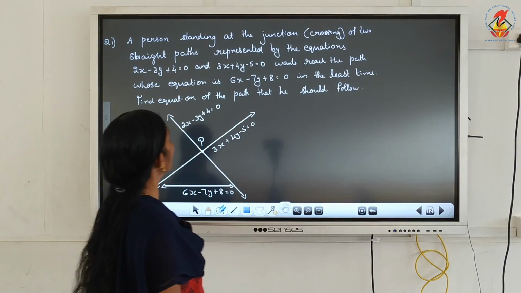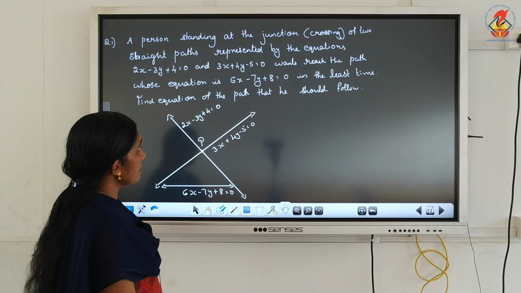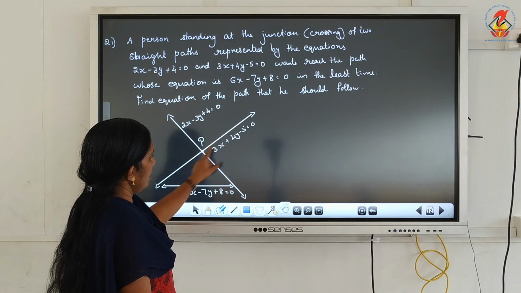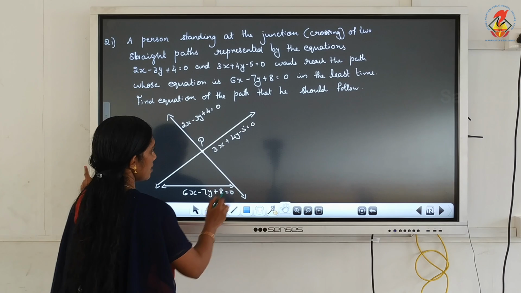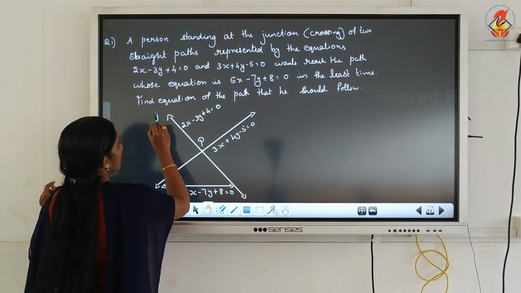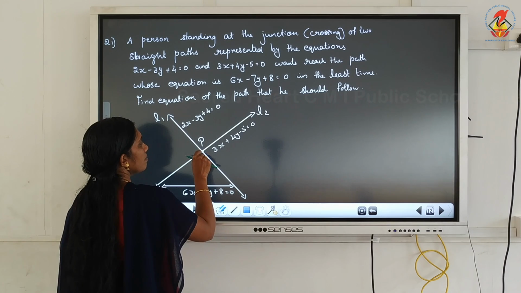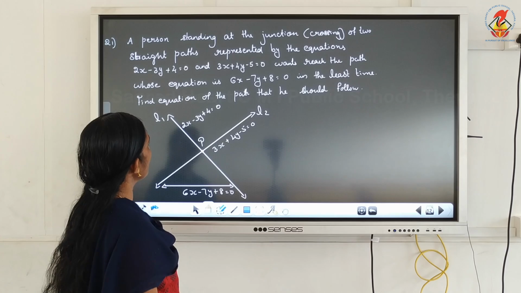The next one, a person standing at the junction, that is the crossing of two straight paths. Two straight paths, children, let one be L1 and the other one L2. So it is two straight paths, then this is the junction, P is the junction.